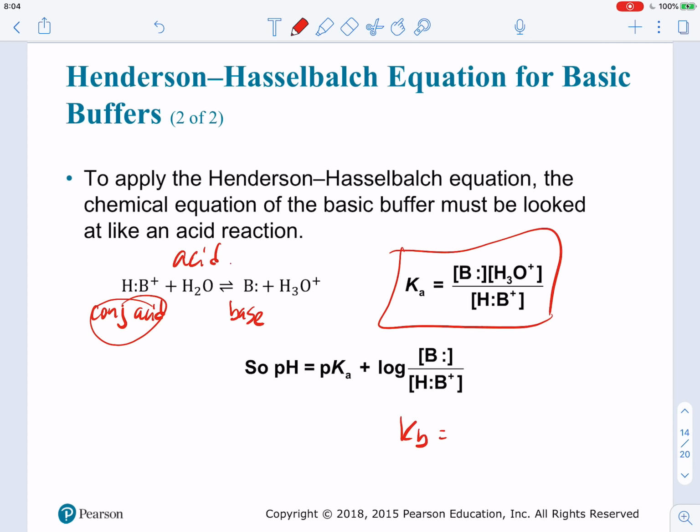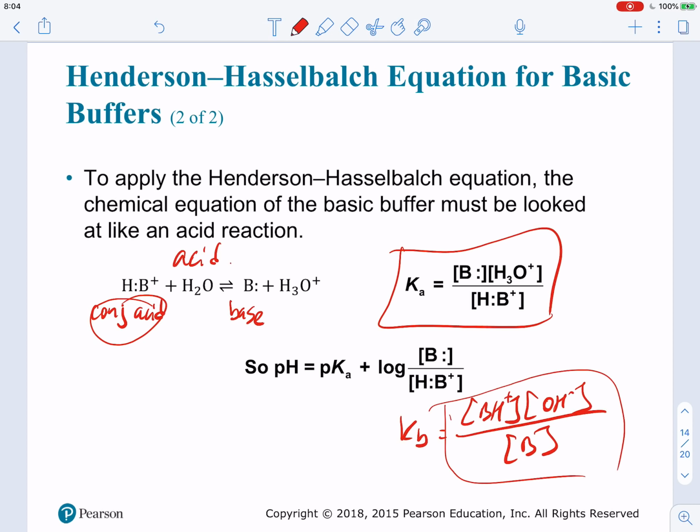Kb is going to be BH plus times OH minus over B, right? And what happens here is that, well, if you look at these two expressions, it looks like there is something familiar there, right? So you have both the base and the conjugate acid there.